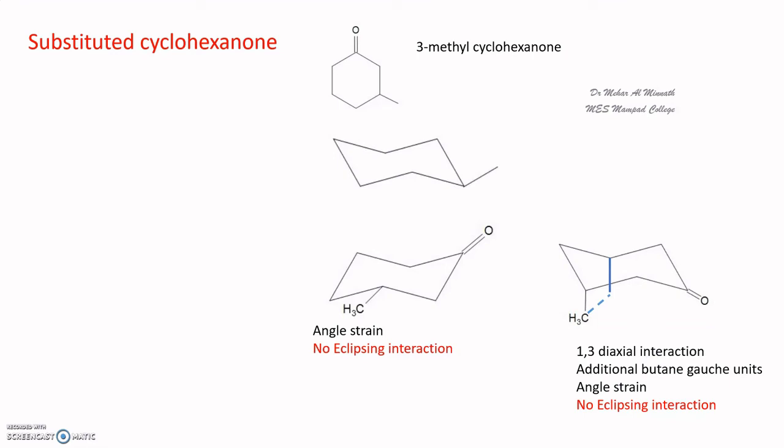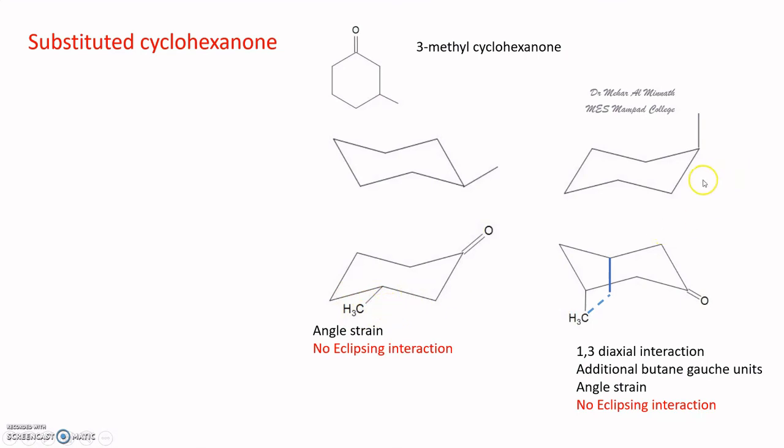Now, when we compare this with methyl cyclohexane, again, the equatorial form of methyl cyclohexane will be more stable than the equatorial form of 3-methyl cyclohexanone because of the angle strain.